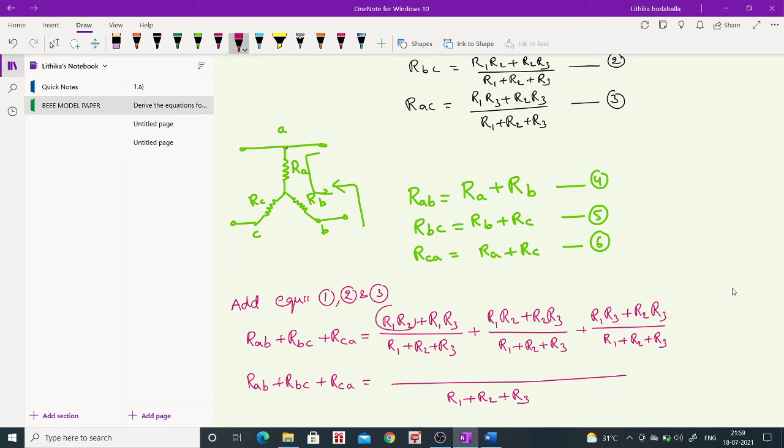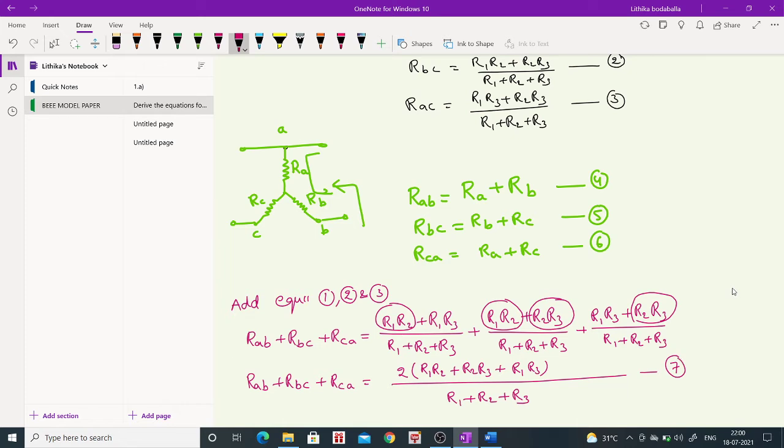R1 R2 is there, again R1 R2 is there, so 2 times R1 R2. Again R2 R3 is there here and also here, so 2 times. That's why I am making 2 common: R1 R2 plus R2 R3 plus R1 R3, which you also get 2 times. Let it be equation 7.